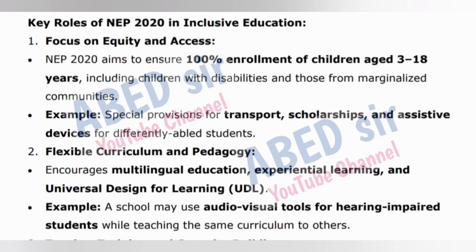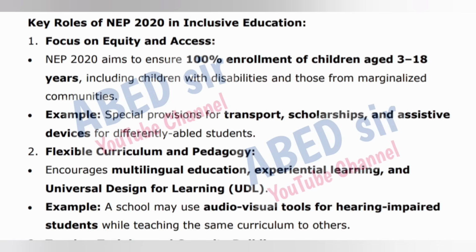1. Focus on equity and access. NEP 2020 aims to ensure 100% enrollment of children aged 3 to 18 years, including children with disabilities and those from marginalized communities. Example, special provisions for transport, scholarships, and assistive devices for differently abled students. 2.